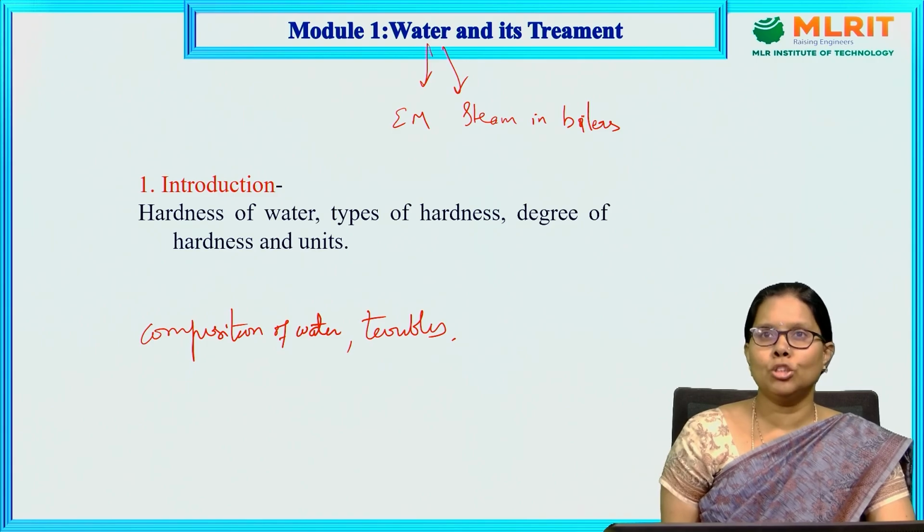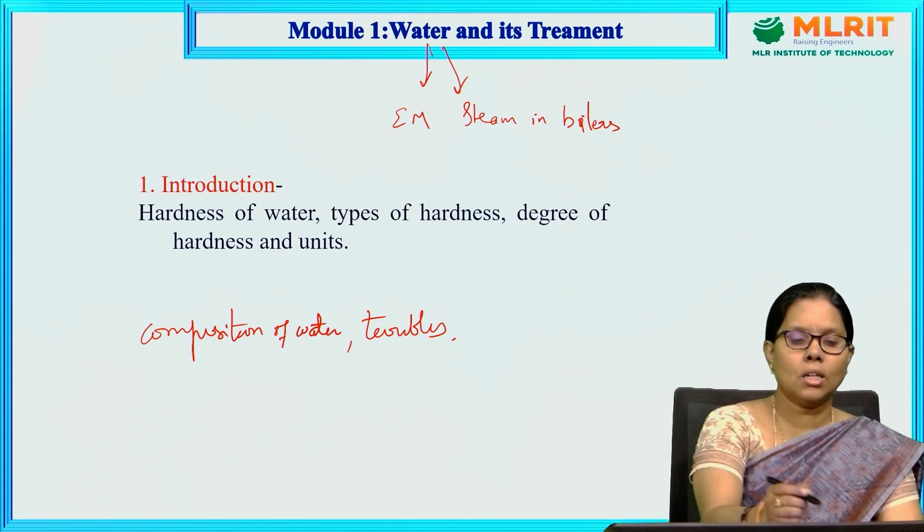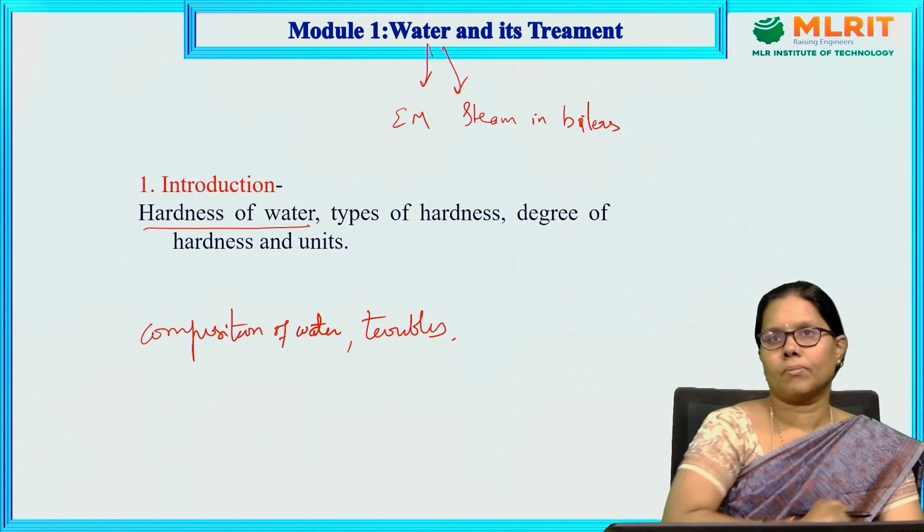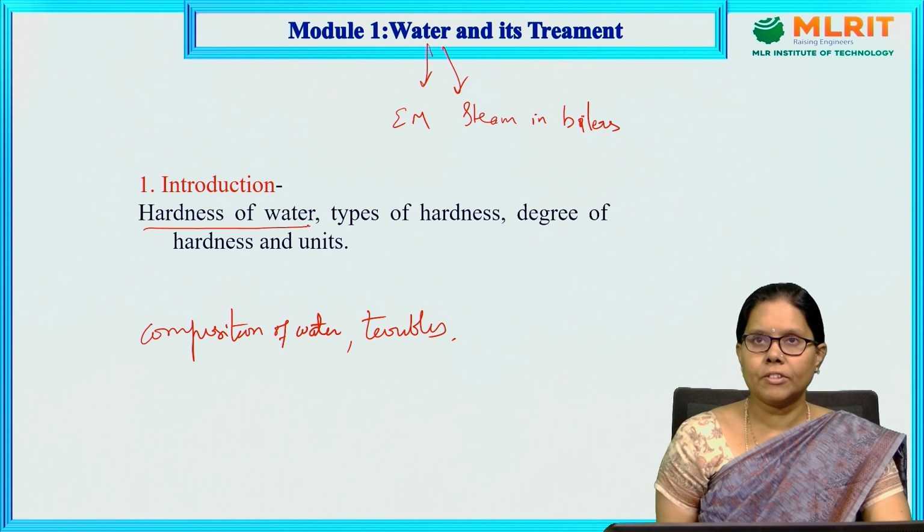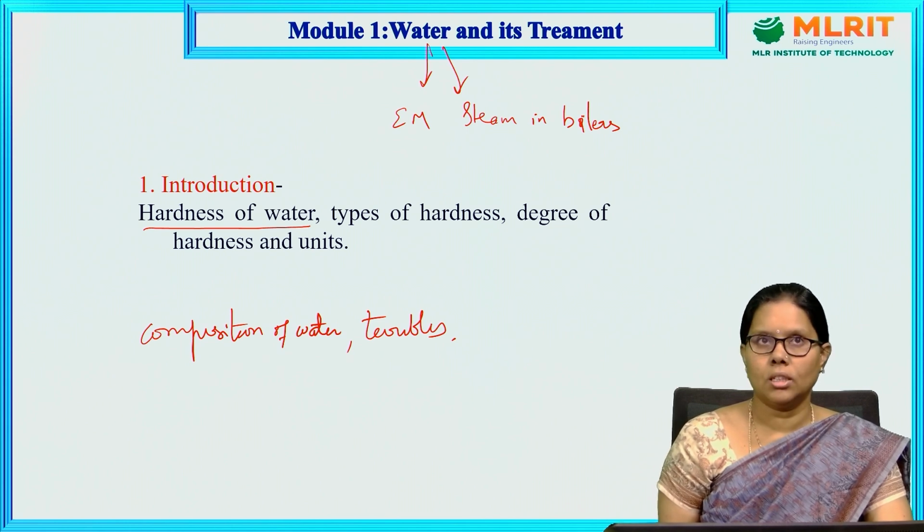So in this module, we are going to give the detailed topics. The first one is hardness of water. Hardness is the characteristic property of water due to the presence of various salts, calcium and magnesium salts and other heavy metals.